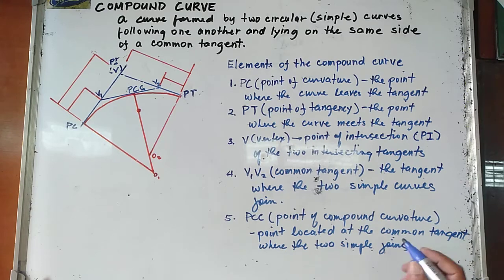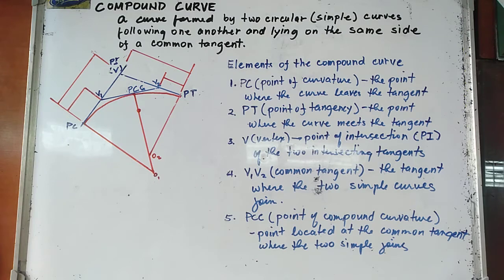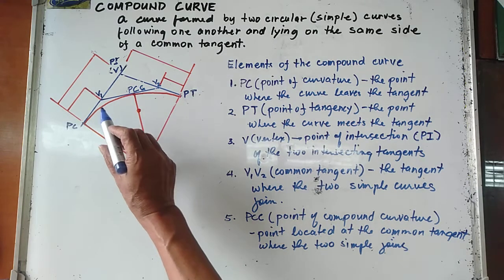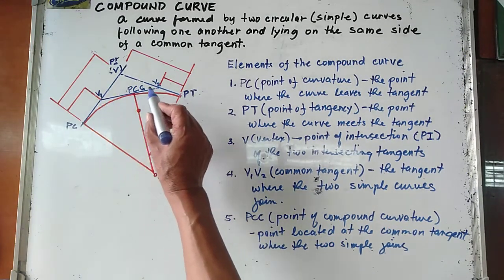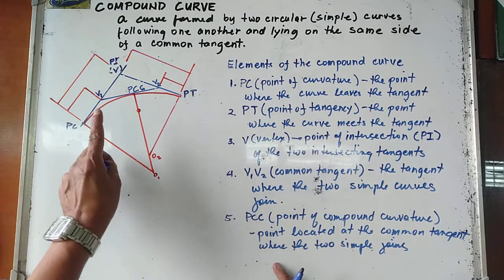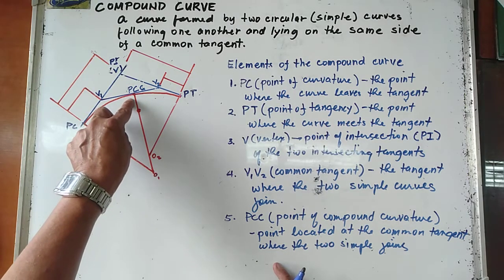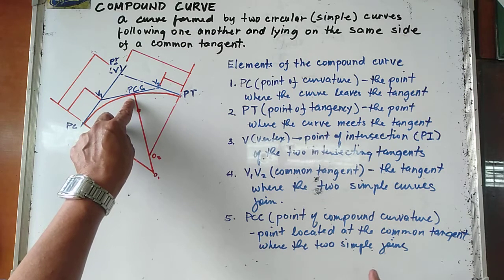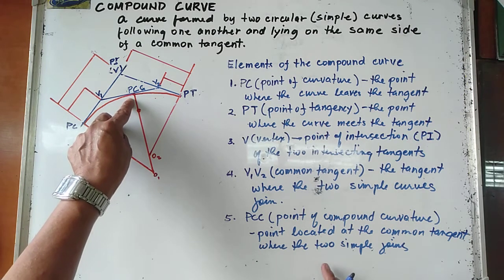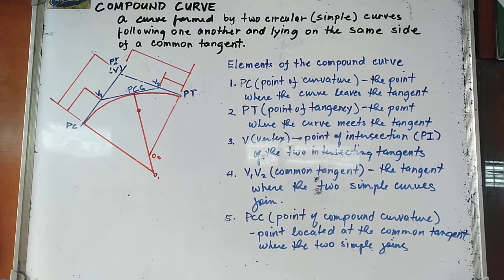V1 V2 is the common tangent, and this PCC is the location where the two simple curves join.